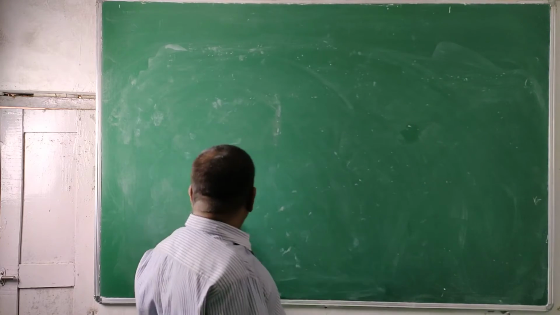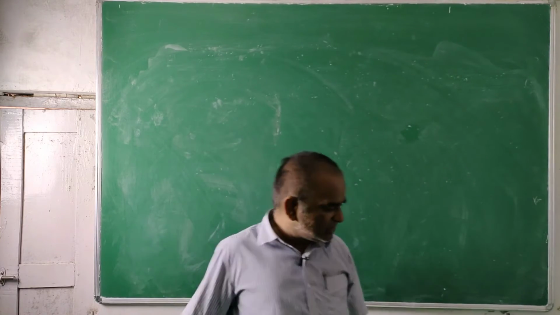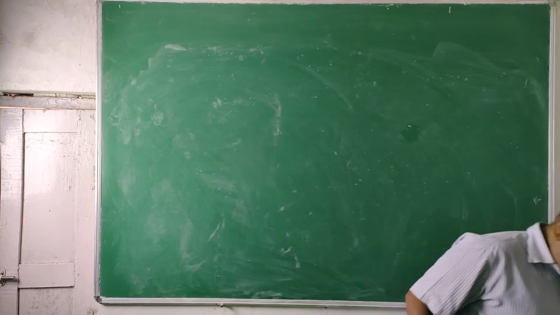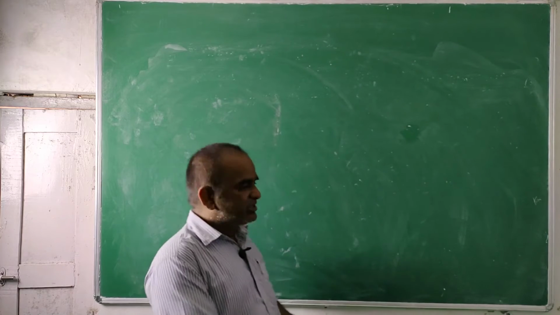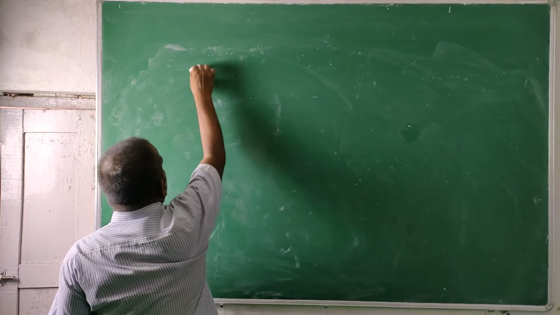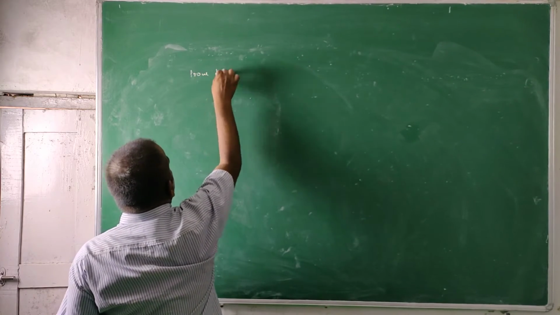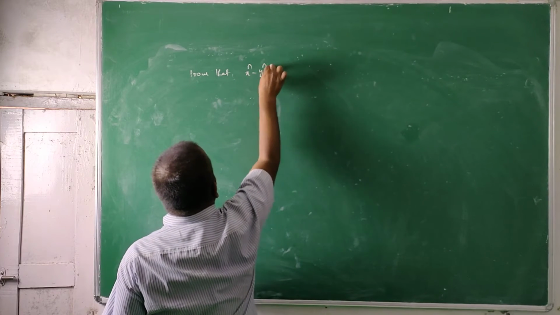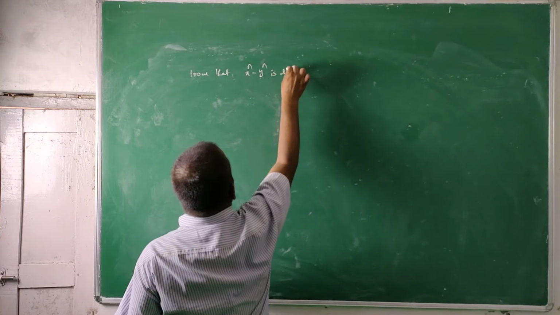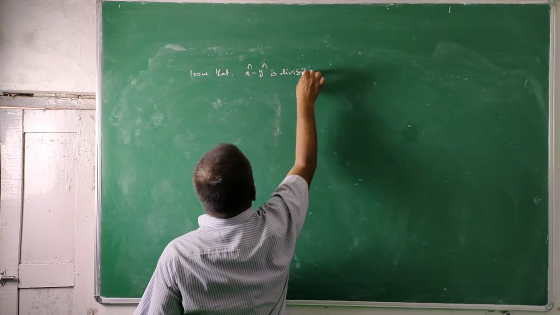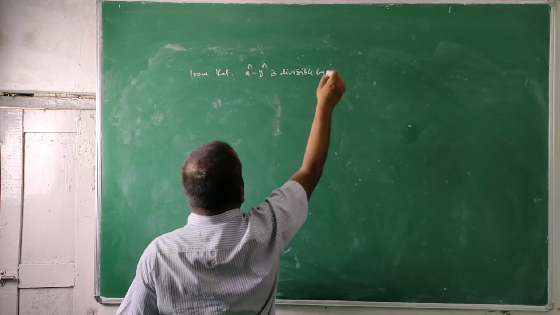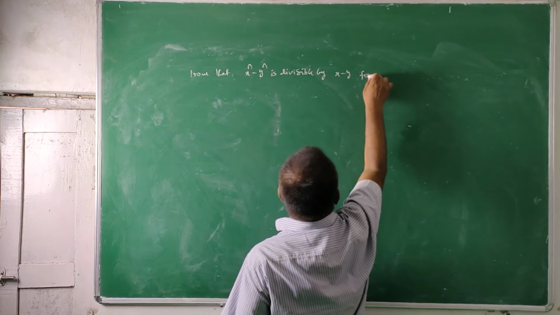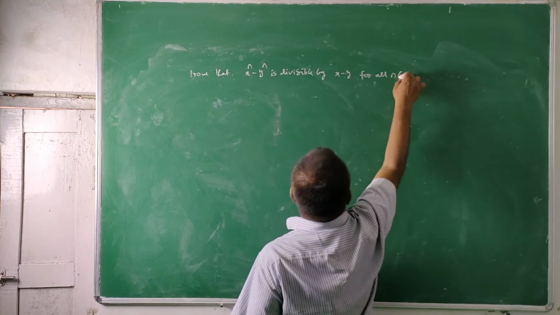So coming to the question, prove that x power n minus y power n is divisible by x minus y for all n belongs to N using principle of mathematical induction.